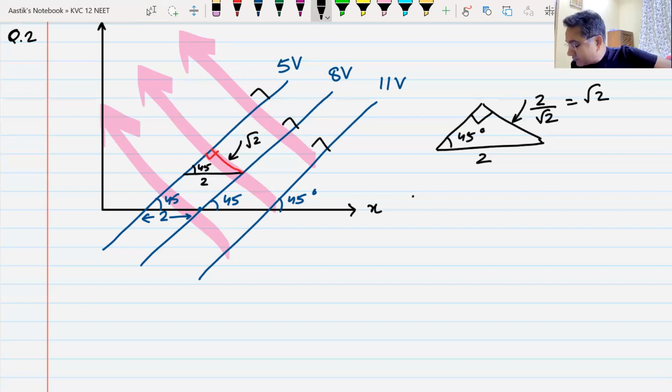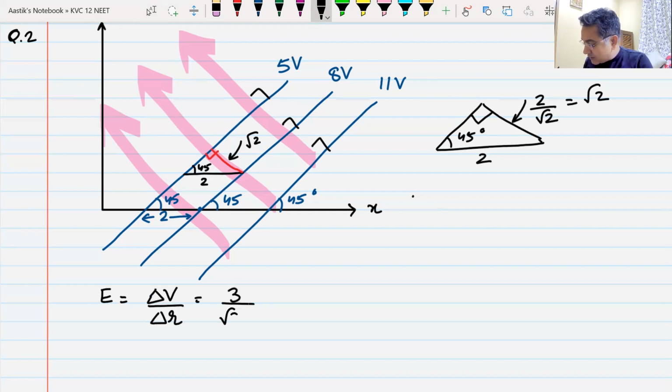Yes, sir. Now what is your answer? Your value of electric field becomes delta V divided by delta R. Your difference in potential is 3 volt, divided by root 2, so 3 by root 2 volt per meter. Do we understand this? Now both the questions look and feel the same.